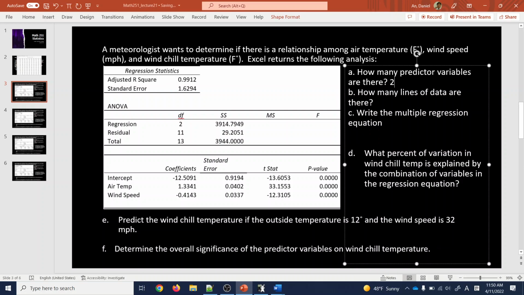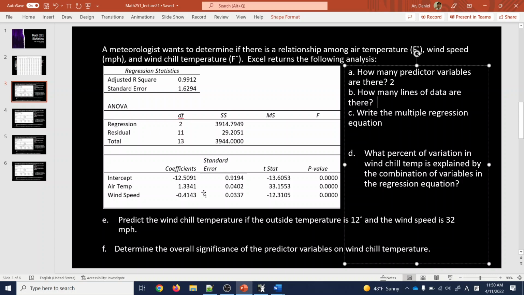Okay, so predictor variables are 2. Now, how many lines of data are there? We're trying to find the value of n, right? And nowhere here does it give you the value of n explicitly.